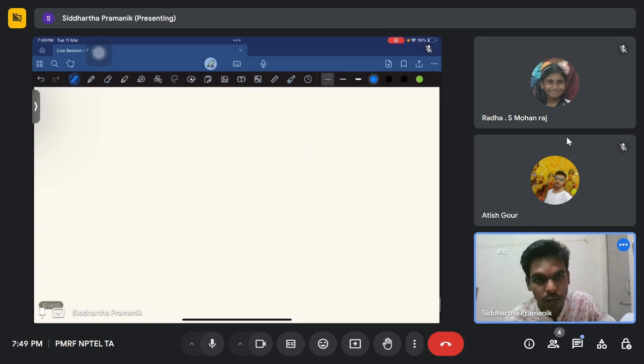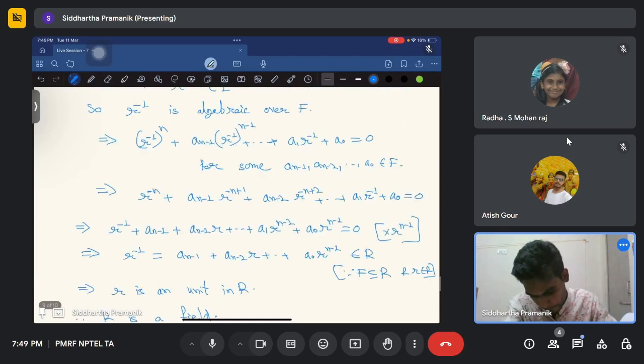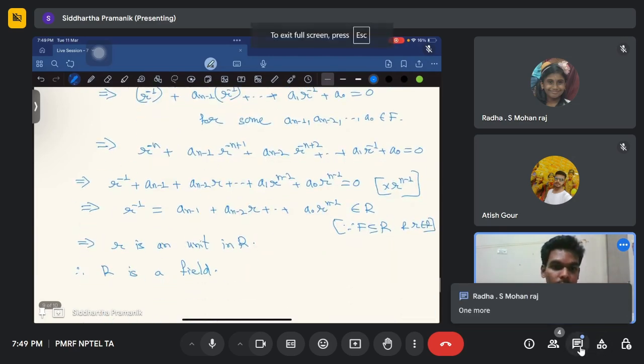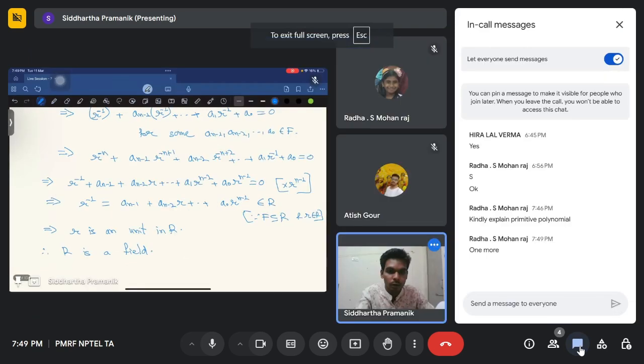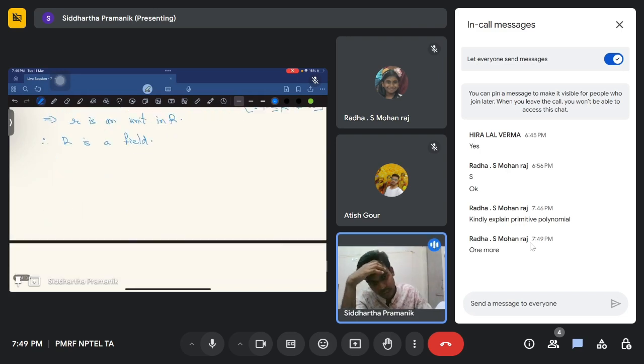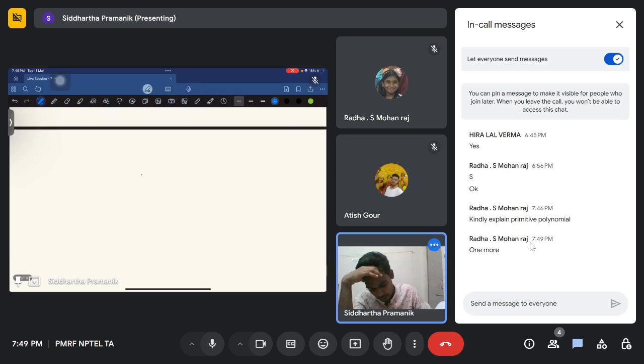Did you get the definition, or do you still have a doubt? So what is your doubt exactly? Let me give an example maybe. You can take 2x^2 + 3x + 5 belonging to Z[x].